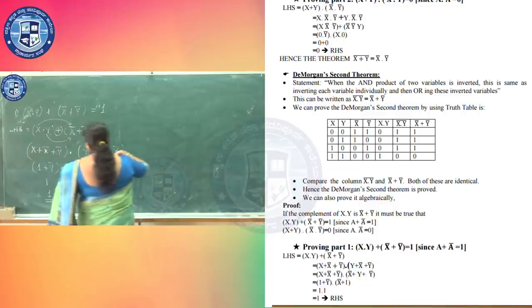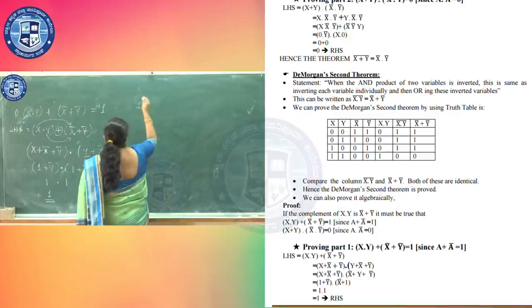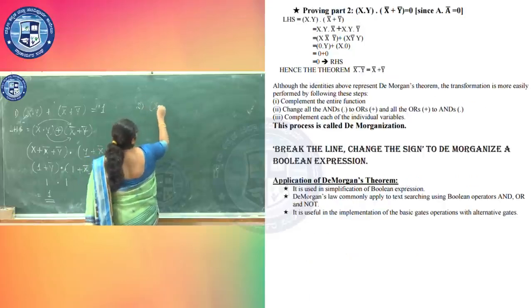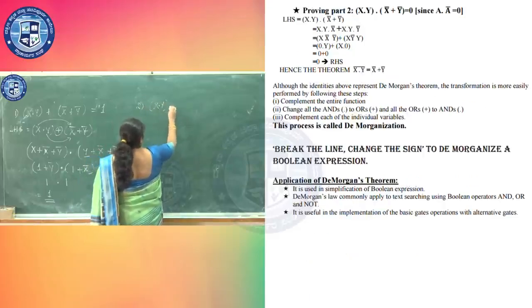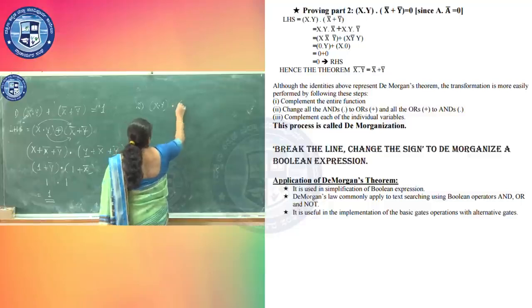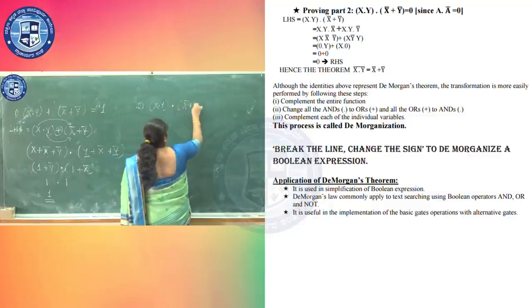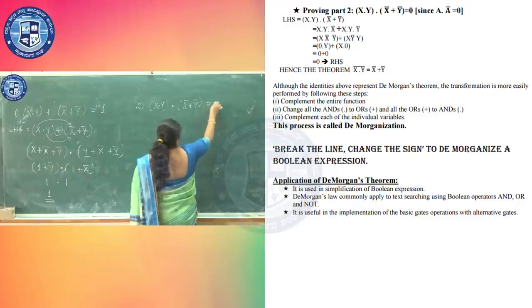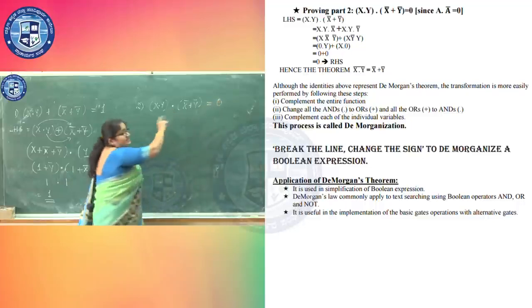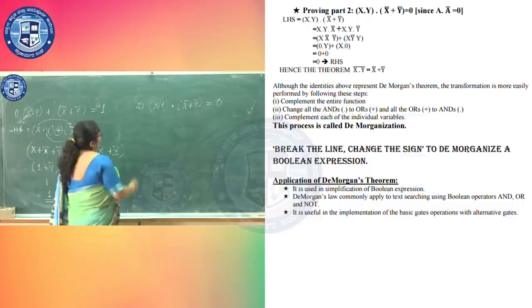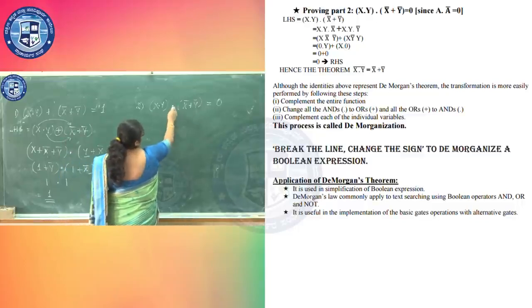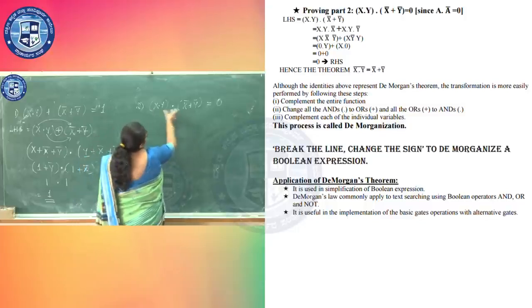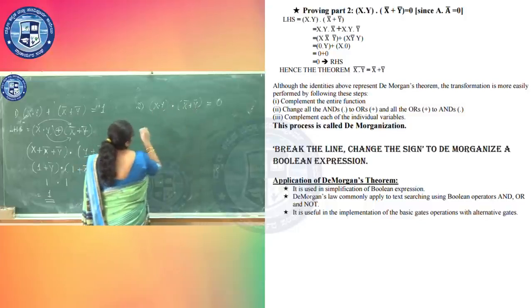Now, the second part. Second part same, x into y into x dash plus y dash must be equal to 0, because it is AND here, it must be 0. So, the same, since it is AND over here, we will have to multiply this whole term with this one, this whole term with this one.